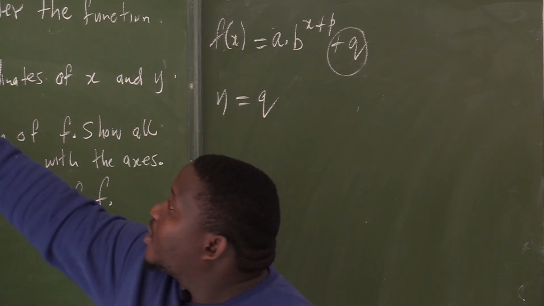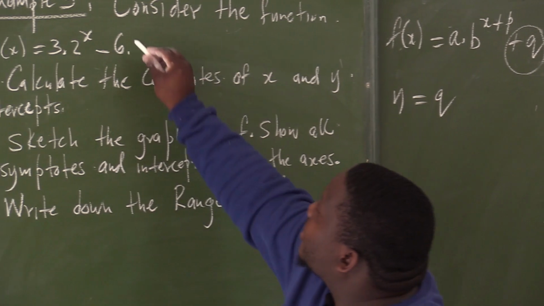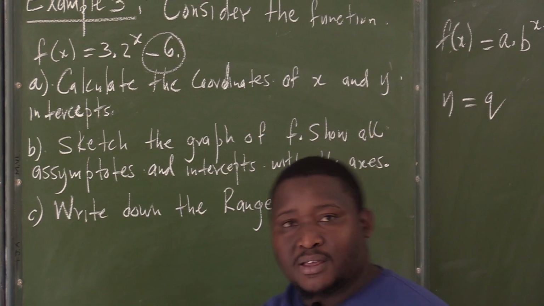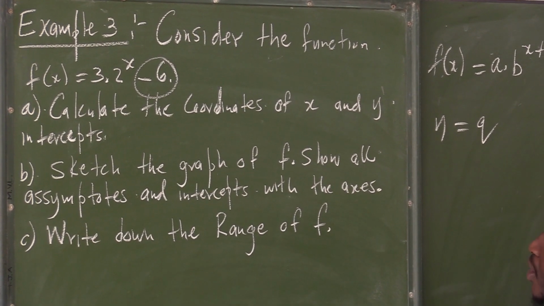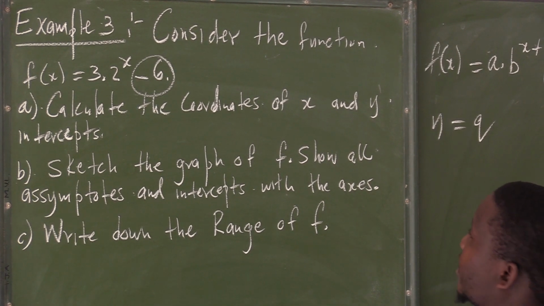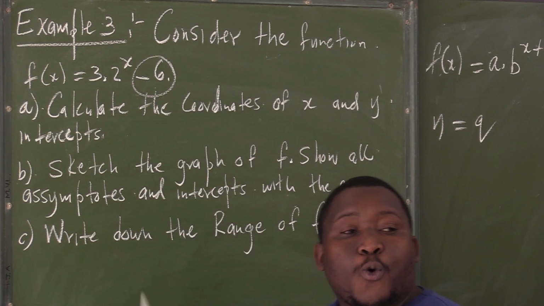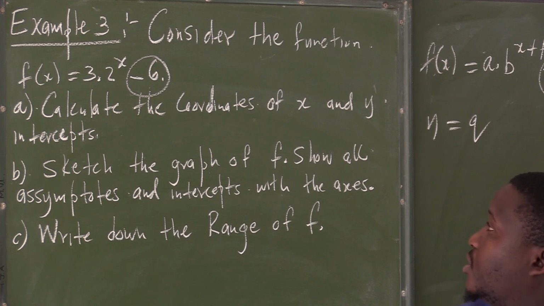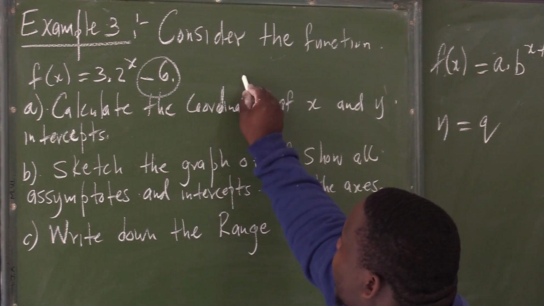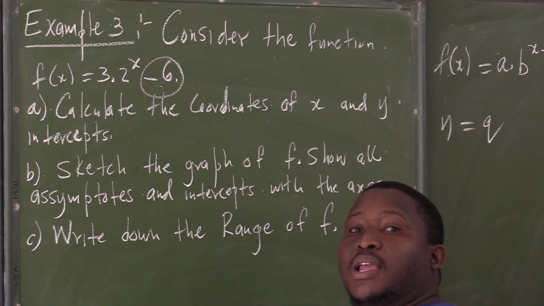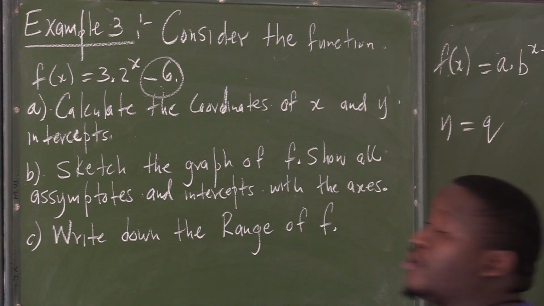So if we are referring to this one, we can see that this negative 6 here is the asymptote. So to respond to the question which can say, give the equation of the asymptote, it's a straightforward question. What I'm going to say, y equals negative 6 will give us the asymptote of that graph.